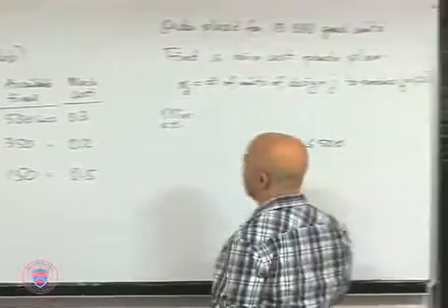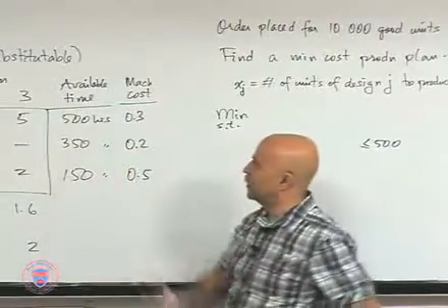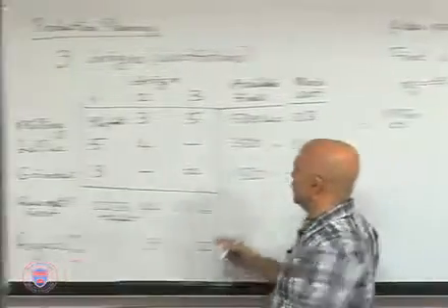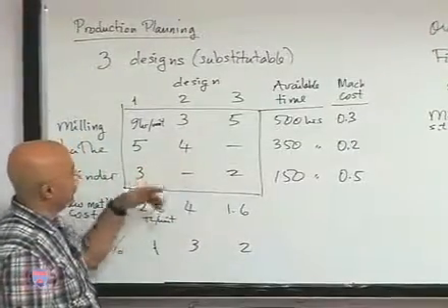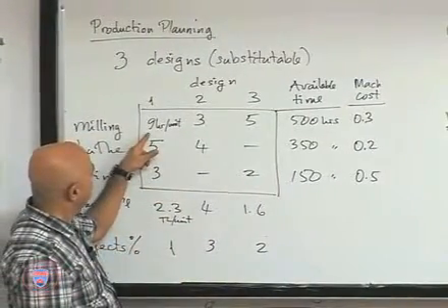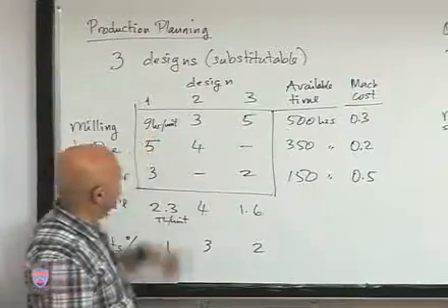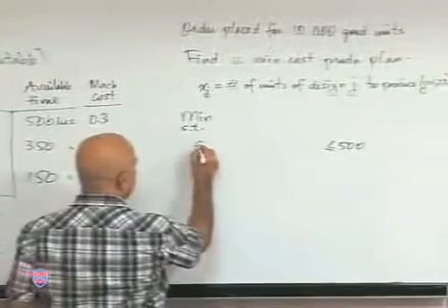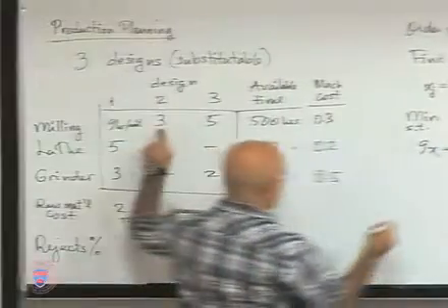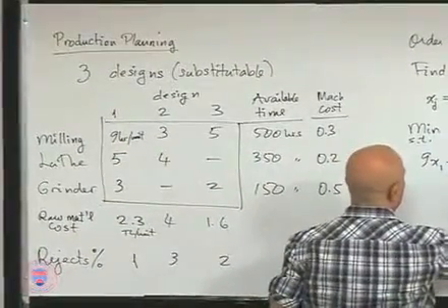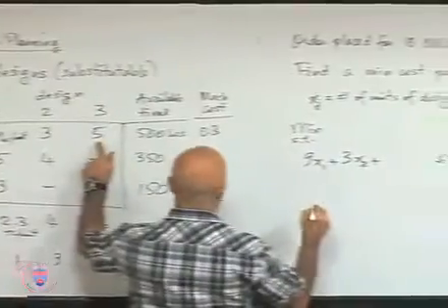You've got 500 hours available in the milling department. So what is the total I spent for producing these designs? 9 hours per unit, which means 9x1 plus 3x2 plus 5x3.